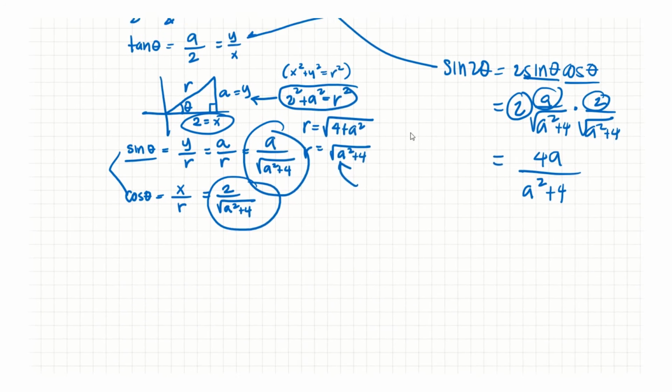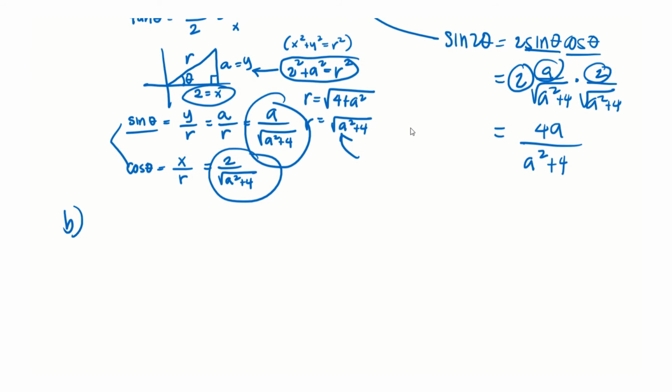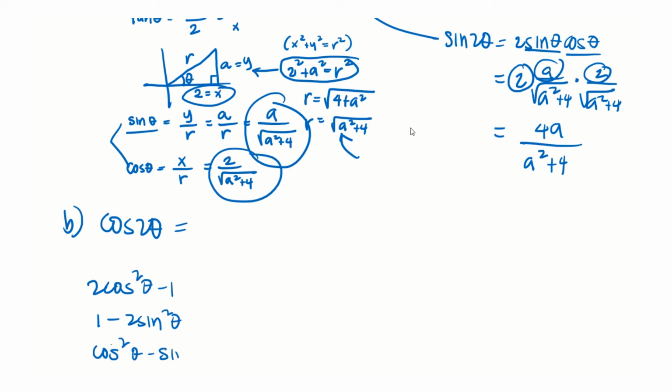And we will apply the same idea for cosine 2 theta. Now take note, for cosine 2 theta, there are 3 versions of this identity. There is 2 cosine squared theta minus 1, there is 1 minus 2 sine squared theta, and there's also cosine squared theta minus sine squared theta. Now you can select which one you are going to use. You can use the first, the second, or the third.